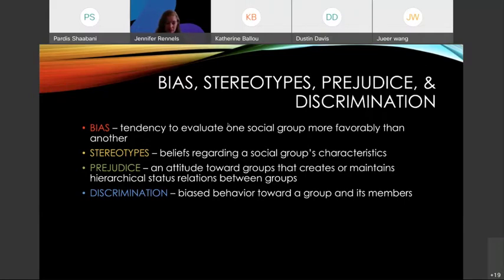And then when we talk about prejudice, we're talking about an attitude that helps to create or maintain hierarchical status relations between groups. These can have affective, cognitive, and behavioral components, and they pretty much function to preserve a group's dominant status. And then when we're talking about discrimination, we're talking about biased behavior toward a group and its various members.